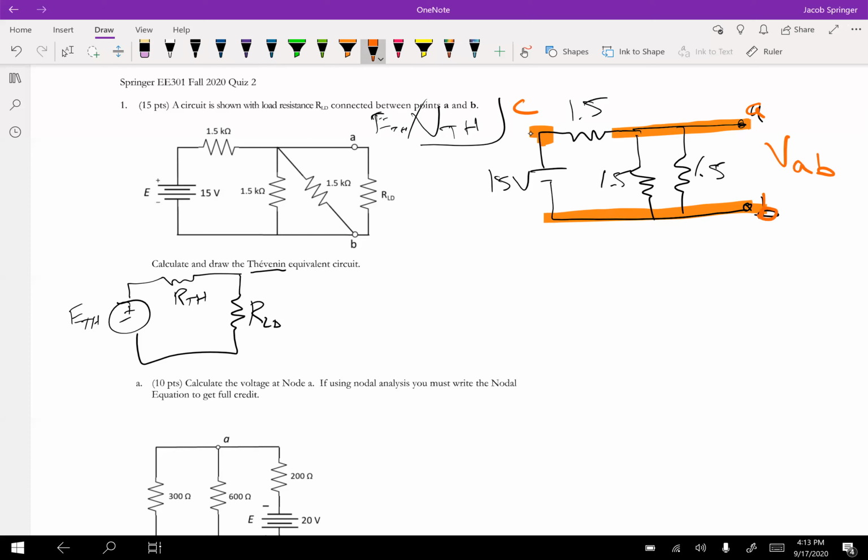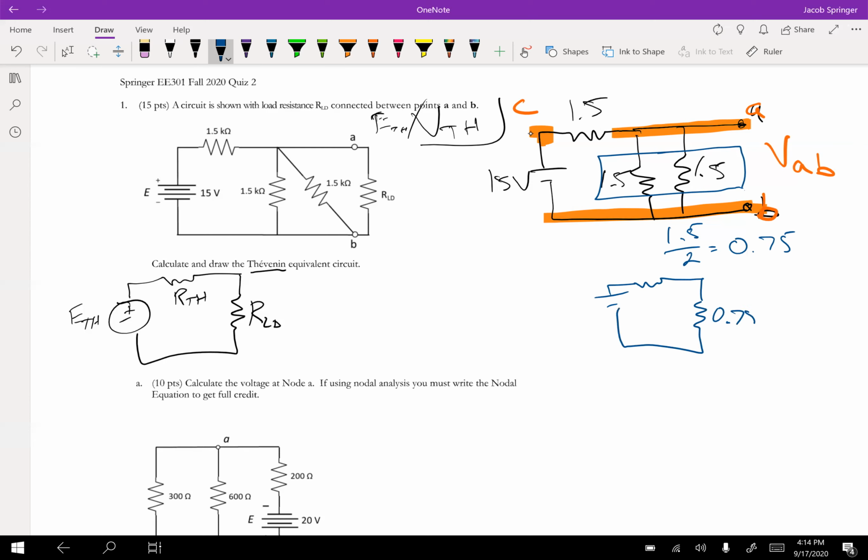So the way that I'm going to do it is that I see that these two resistors are in parallel. So I'll combine them. Two equal resistors means I can do 1.5 divided by 2 is 0.75. And if I wanted to redraw it again, I could. Right here, 0.75.